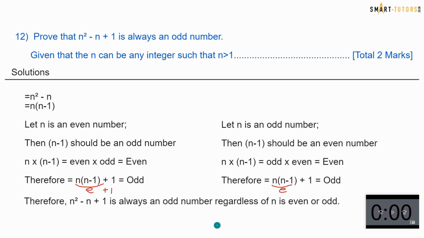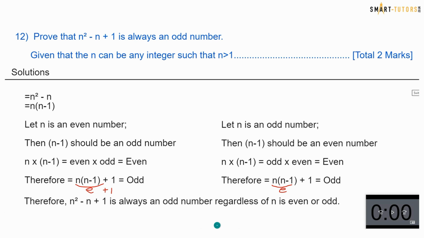Therefore, n squared minus n plus 1 is always an odd number regardless of whether n is even or odd. There are many other ways to prove this, but this is a reasonable and understandable way.